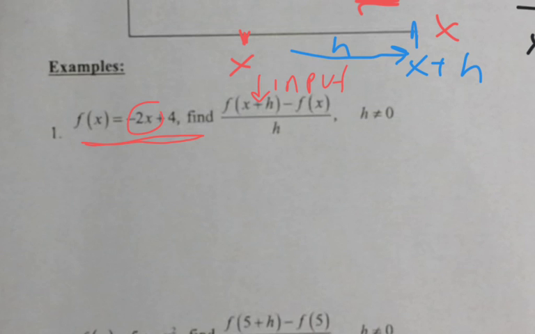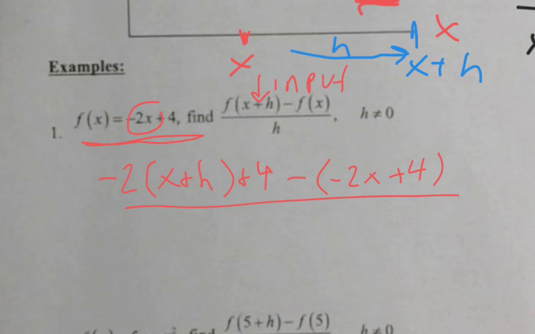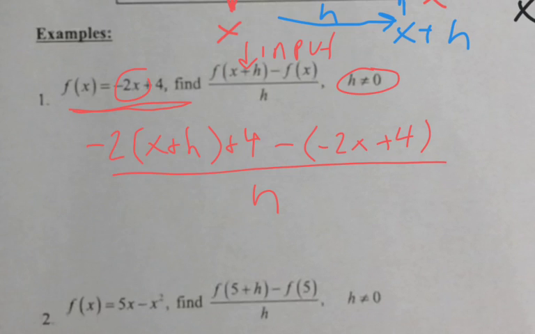So I have negative 2 times x plus h plus 4, minus the original function, negative 2x plus 4, over h. And remember, h cannot equal 0, because it's common sense: anytime you have a variable in the denominator, it cannot be 0, otherwise it'll be undefined.